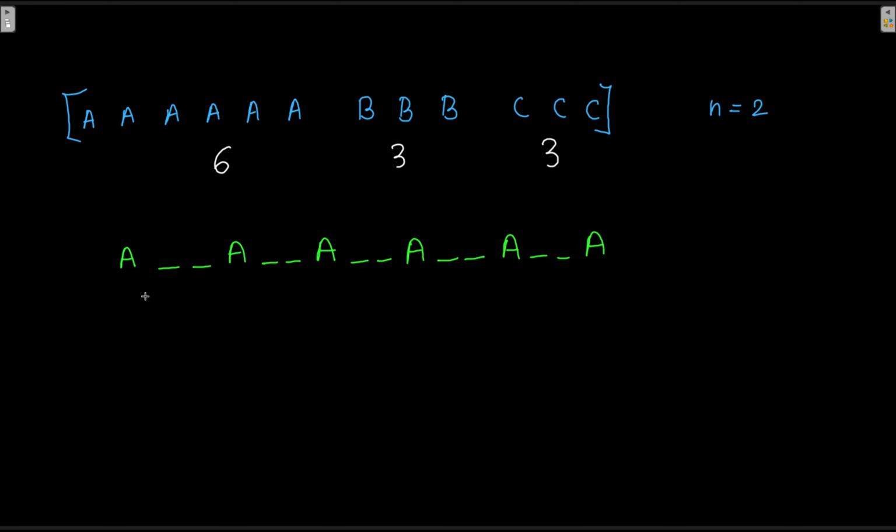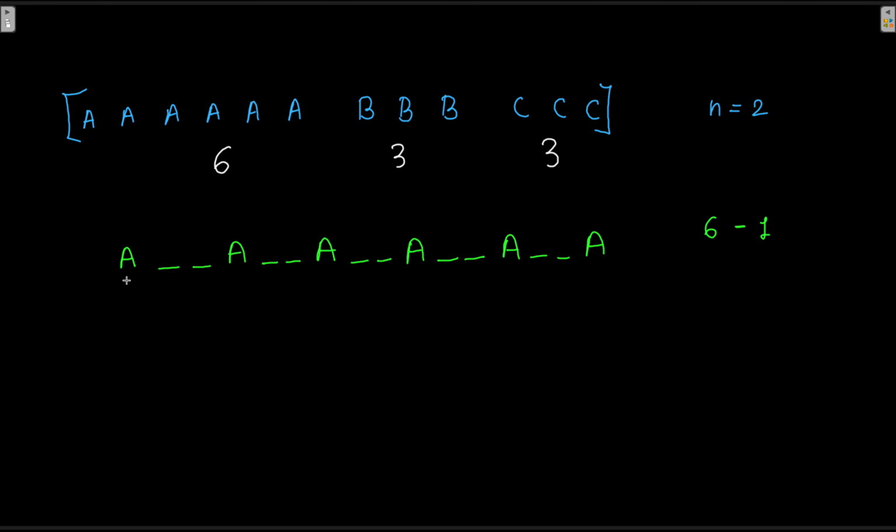So see, the number of A's here is 1, 2, 3, 4, 5, 6. And what about the number of spaces that we have left? It is 1, 2, 3, 4, 5, 6, 7, 8, 9, 10. Or you could say the number of A's present here, that is 6, minus 1. Why minus 1?